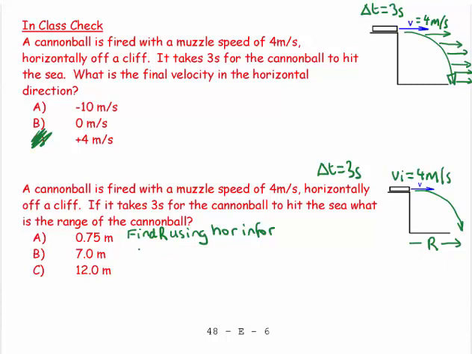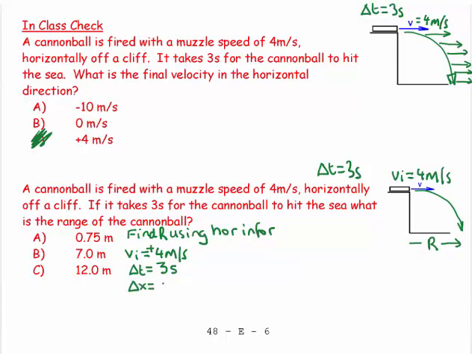What do I know horizontally? Well, VI is equal to 4 meters per second, and it's positive. I know that my duration for this journey was equal to 3 seconds. I want to find my delta x.